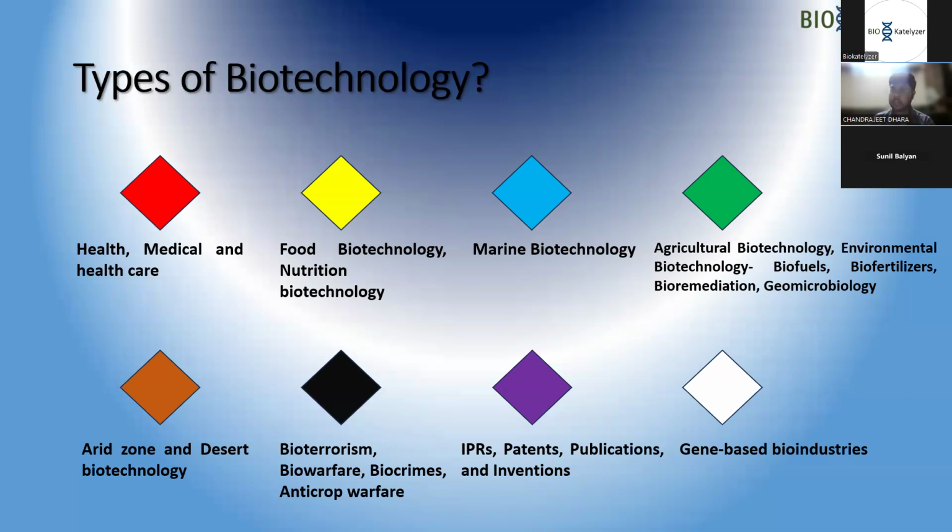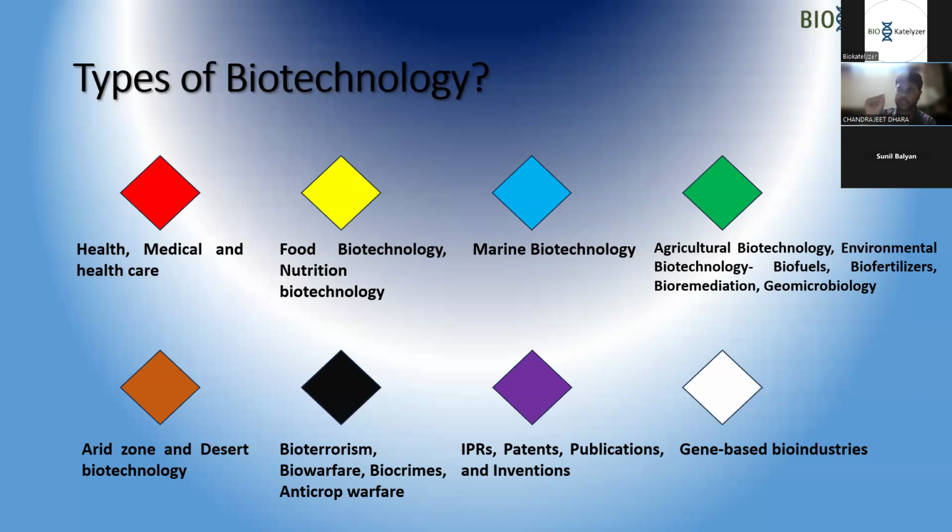Similarly, the violet biotechnology will signify IPRs. IPRs are nothing but intellectual property rights. Intellectual property rights are nothing but the products or the inventions that an individual makes by research, and patenting it or documenting it with the government of India.